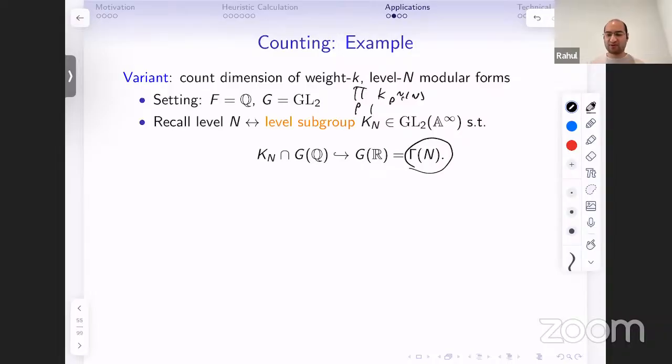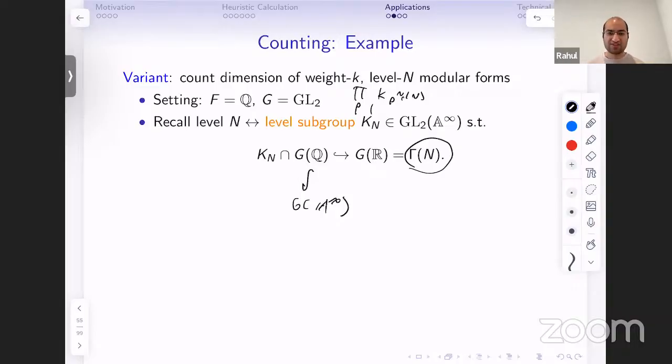The way this is defined is that G(Q) diagonally embeds inside G(A_f). So you can take the intersection of K_n with this diagonal embedding. That gives you a subgroup of G(Q), and the subgroup of G(Q) lives inside G(R). And that's supposed to be our arithmetic lattice Γ_n.